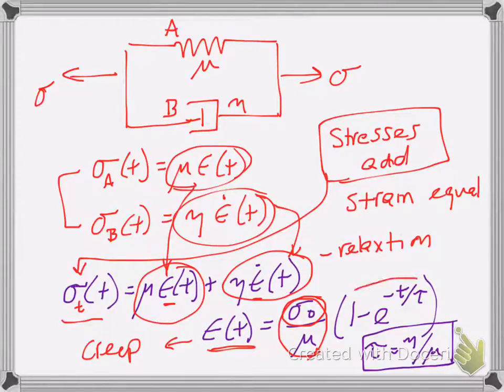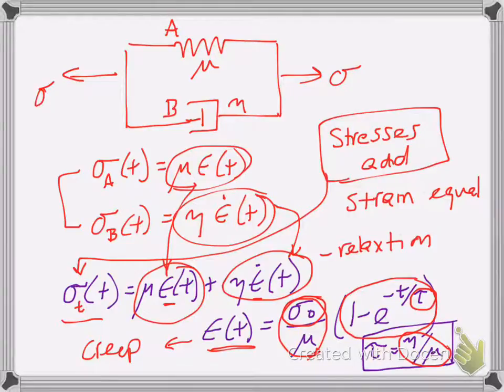This is not purely the viscous, because this tau actually has to do with the ratio of the elastic and the viscous. And if you review how to solve differential equations of this type, you will see very easily where this tau comes from. It's a direct outcome of the solution for this relatively standard solvable differential equation.